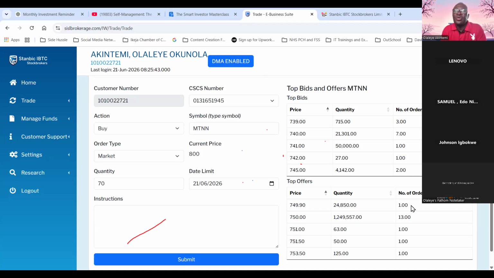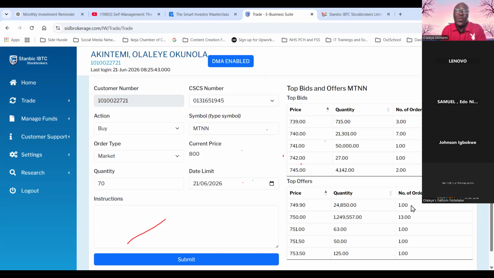So I don't usually buy stocks on Bamboo. I'm not saying Bamboo is not good, but I have chosen Stanbic as my main stockbroker. I just have Bamboo as a backup. Other people, your main stockbroker might be Bamboo, and you might have Afri Investor as a backup, or maybe Cowrywise or some other ones.